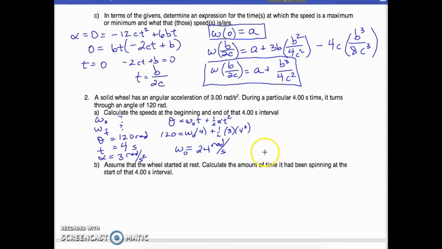To get the final speed, omega f equals omega naught plus alpha t, we can use our original speed of 24, the angular acceleration of 3, and then those 4 seconds gets us 36 radians per second.